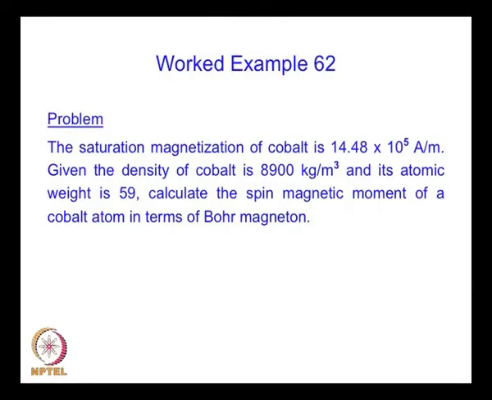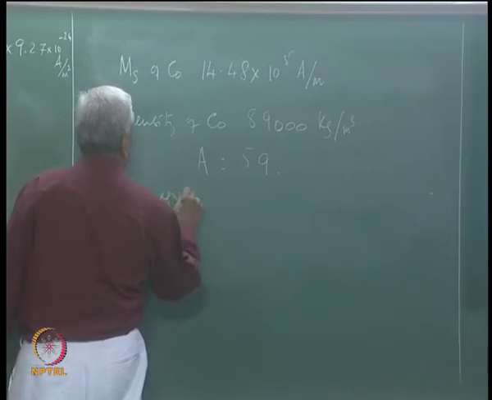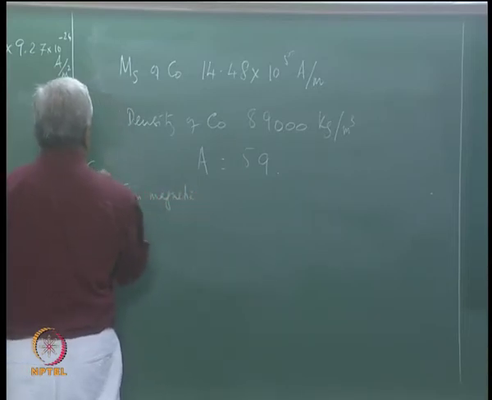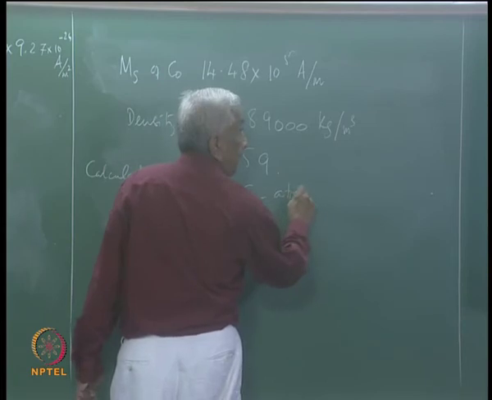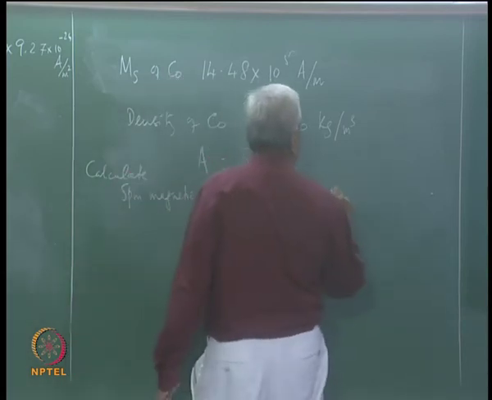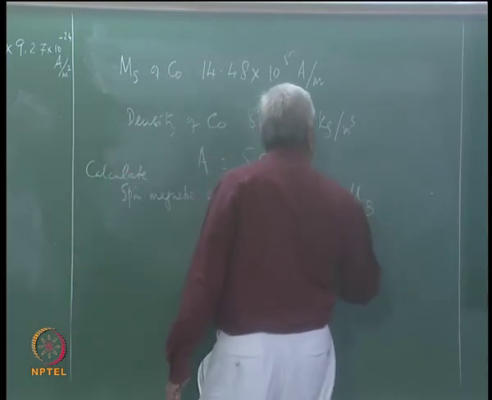So, we are asked to calculate the spin magnetic moment of a cobalt atom in Bohr magneton.